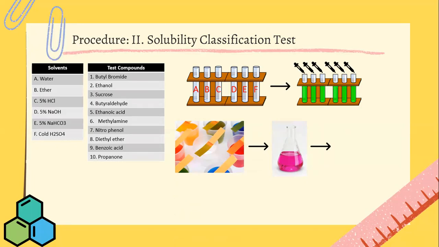If your solid unknown is in the form of large crystals, it is advisable to pound it using a mortar and pestle. It is advisable to follow scheme 1.1 for identifying the solubility of your test compound. It is also noted that sulfuric acid is used as one of the test solvents, and a color change rather than a solution is usually observed. If this happens, consider it a positive test.